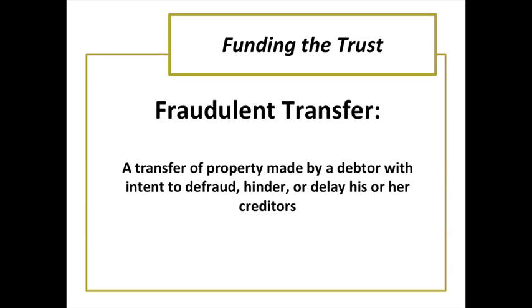Now, this wording here says a transfer of property made by a debtor with the intent to defraud, hinder, or delay his or her creditors. A challenge here is they really don't have to show that you had the black and white intent to defraud the creditors. What they can normally do is walk through a number of what they call badges of fraud.